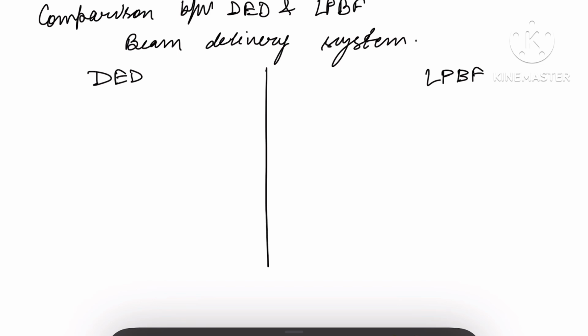I already have discussed the beam delivery system of LPBF and DED in my previous video. Still, as a recap, in LPBF, the galvo scanner and the F theta lens are two major components of the beam delivery system.